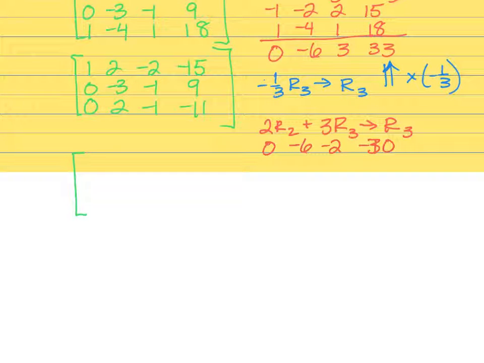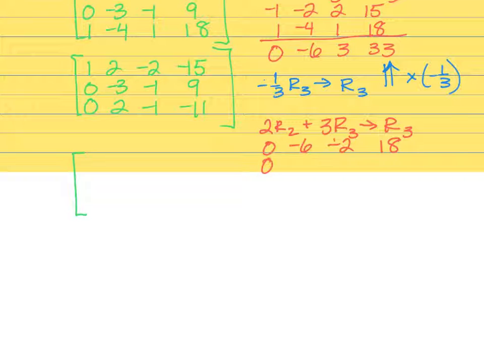So 2 times row 2 looks like this: 0, negative 6, negative 2, and 18. And row 3 is this, except we want to multiply by 3. This is what happens when you're thinking about the software you're using and what button you're going to push next.